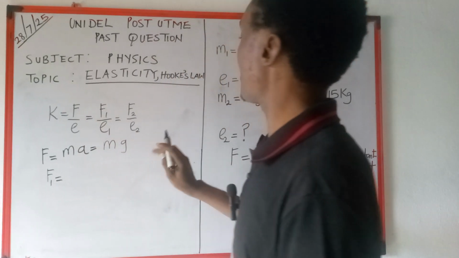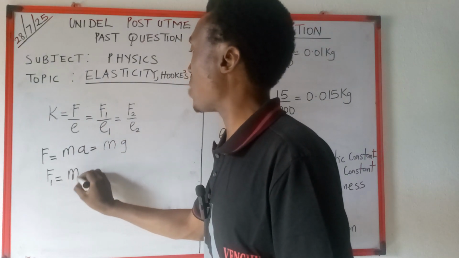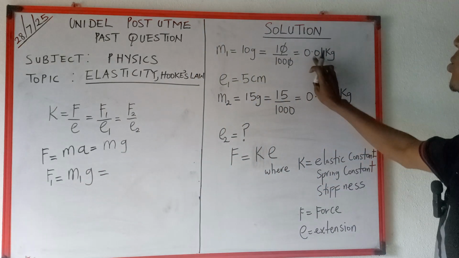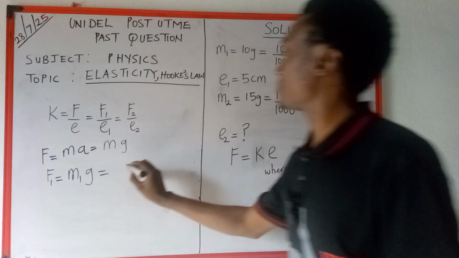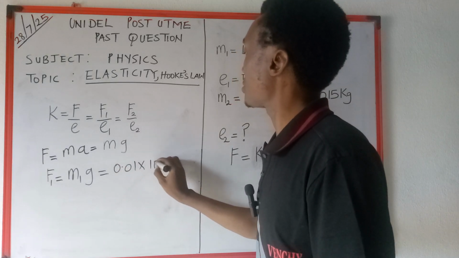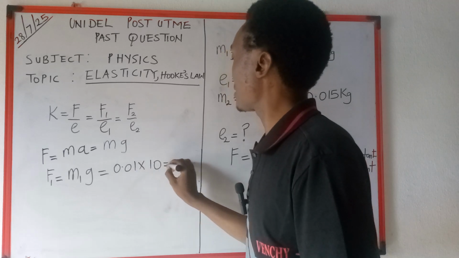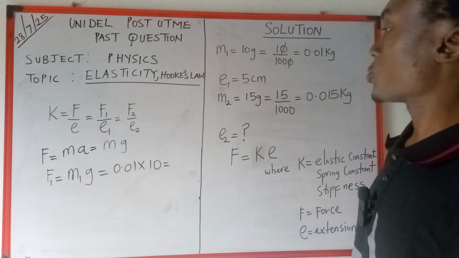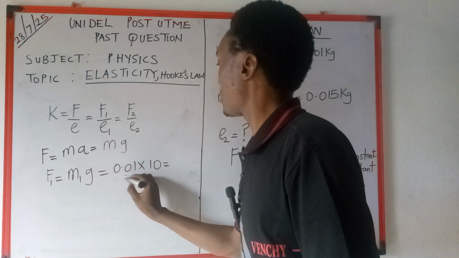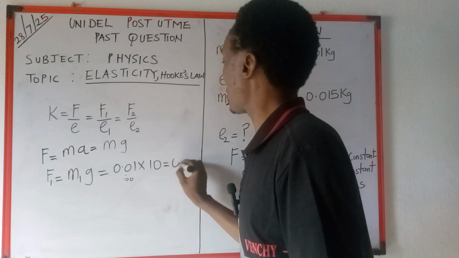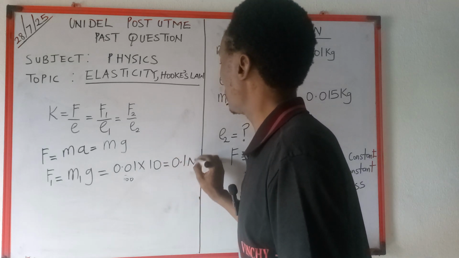F1 is m1 g. What's our m1? 0.01 times 10, so you're going to have 0.1 Newton.